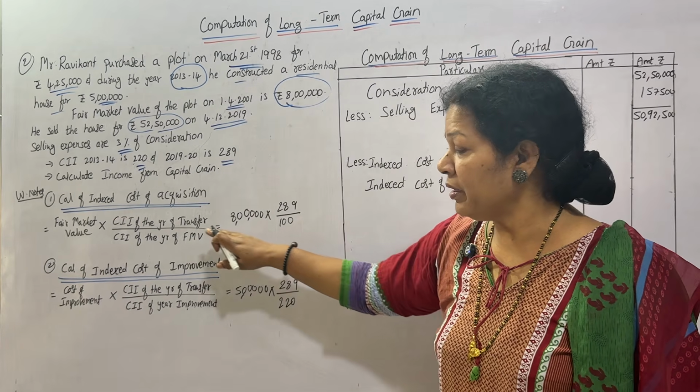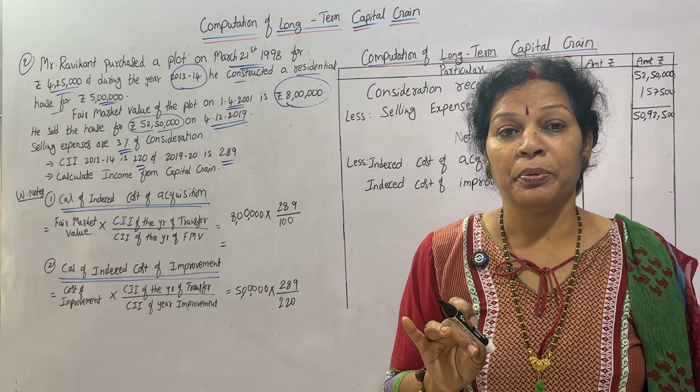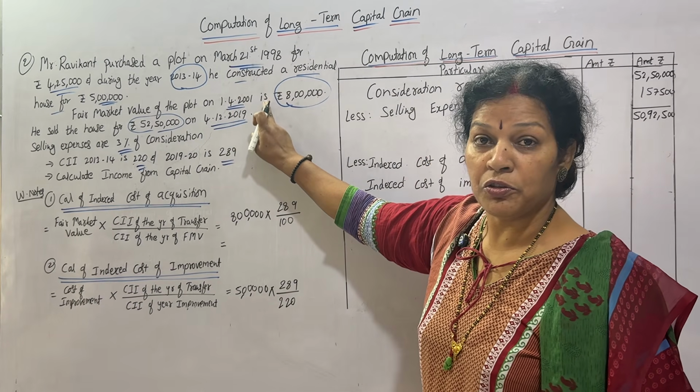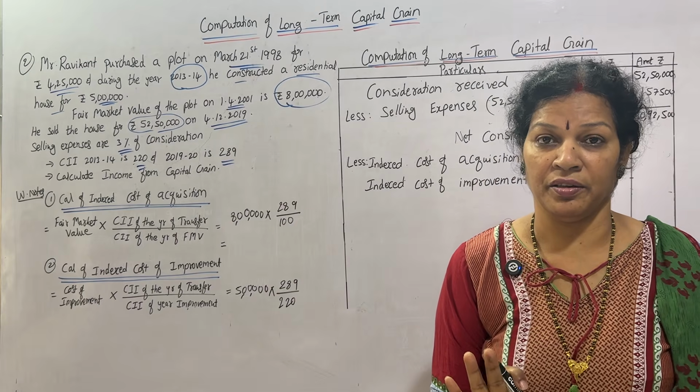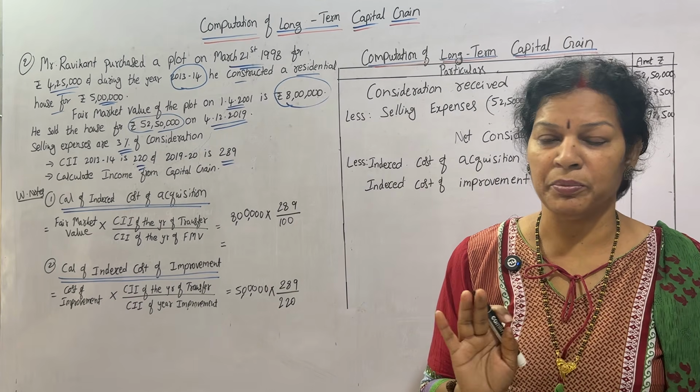In the previous one, the fair market value was in 2001, so we took 100. This point you need to be careful about, otherwise the problem is very simple.